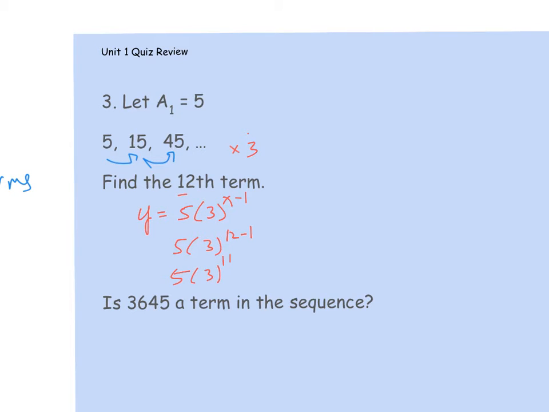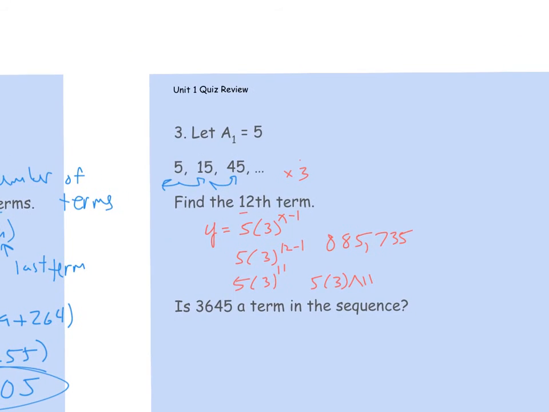If you plug this into your calculator, it's 5 times 3 in parentheses. Just use the caret key, 11, and you should come up with 885,735.